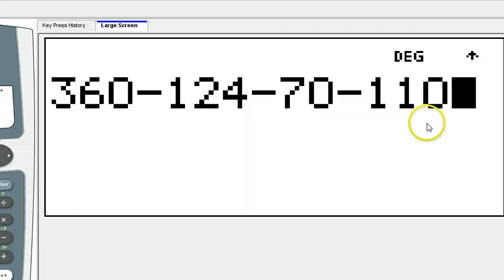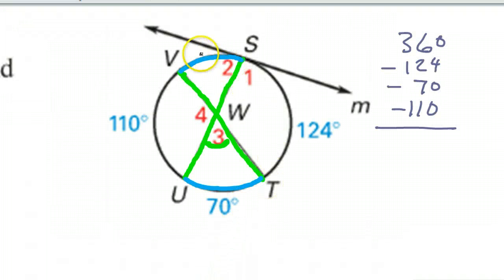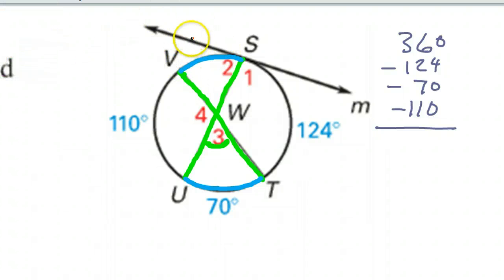You could type it all in just like this. That leaves 56 degrees. So that means arc VS over here is 56 degrees. Now we can do the formula using the angle and the 2 arcs.